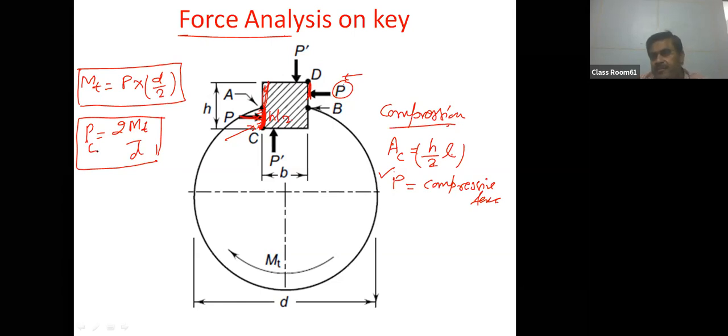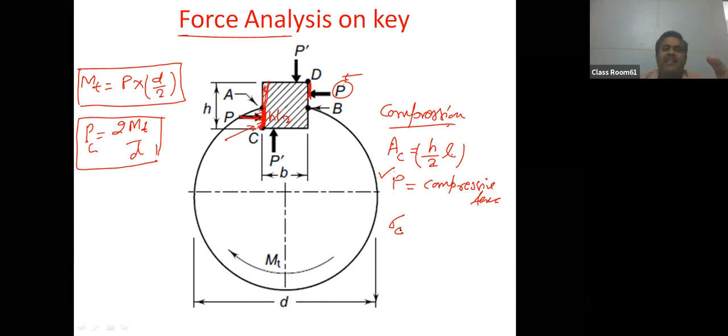Due to this compressive force, a compressive stress is developed in the material. If that compressive stress is more than the permissible compressive stress, then your key will fail. Understand my point? The compressive force is coming on the surface of the key.